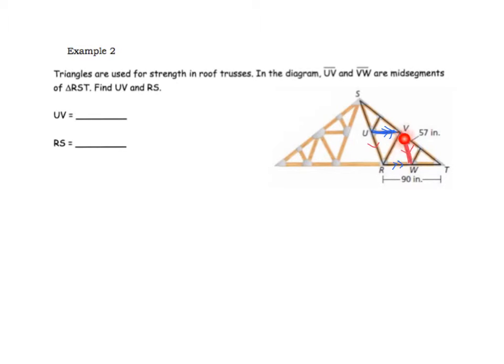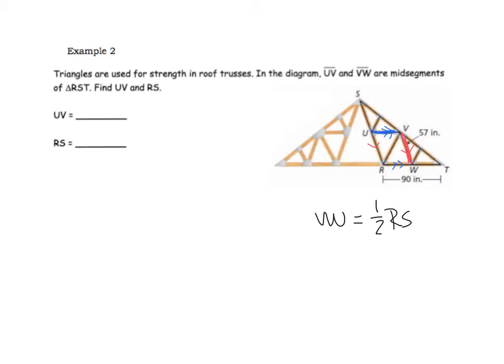Notice I identified that VW is here in red, and the line segment that it is parallel to in triangle RST is RS. What's important for us to remember is that the midsegment is half of the side that it is parallel to. So in this case, VW is equal to half of RS.